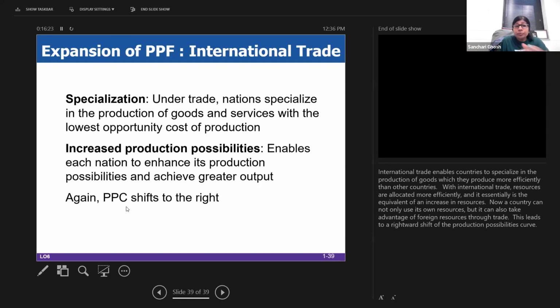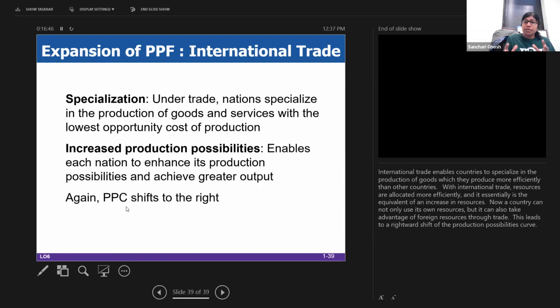Increased production possibilities: the Chinese case. It enables each nation to enhance its production possibilities and achieve greater output. Population explosion in China creates the need for more manufacturing facilities, because China always exports a lot of manufactured goods to the United States and other countries. So that pushes the Chinese production possibilities curve to the right.